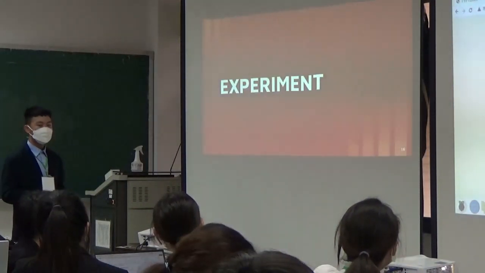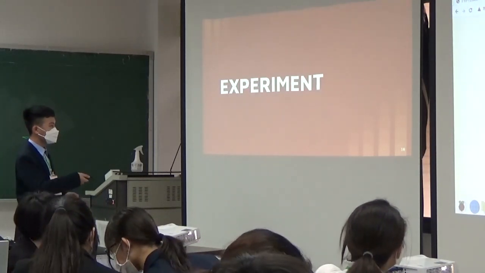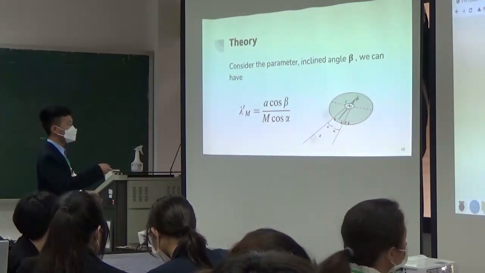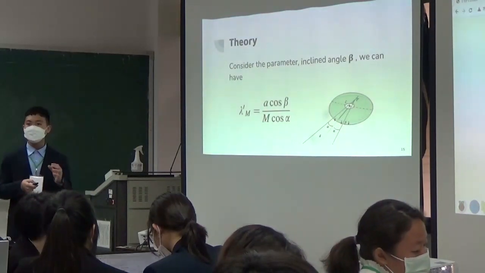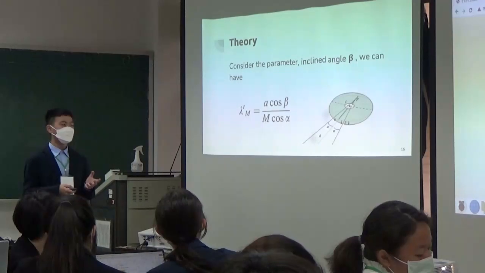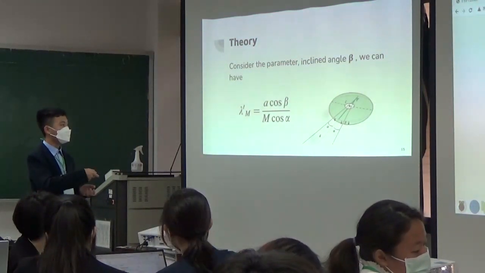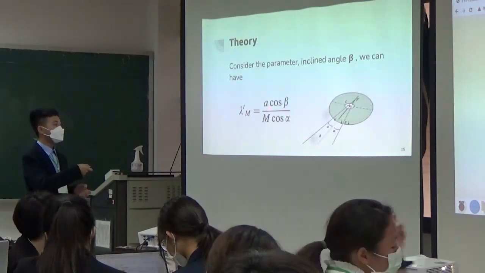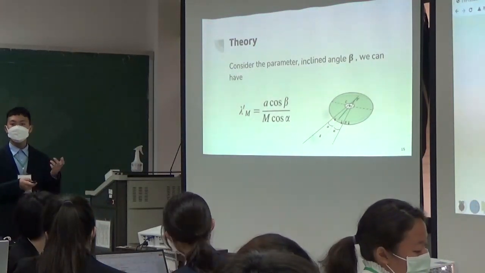So the theory is that lambda equals this. Since a is just a DVD constant, we only need to change beta and alpha, and we can get the integer m by measuring the numbers we get in experiments.